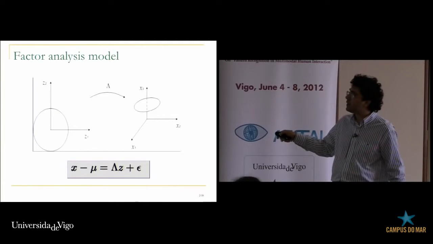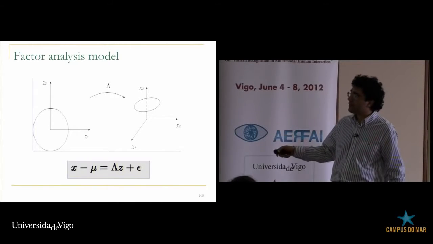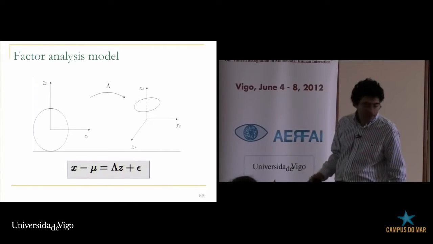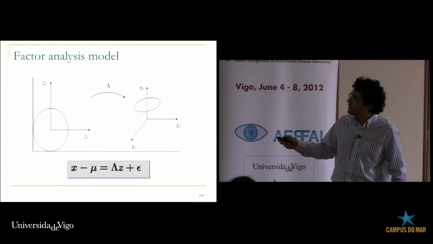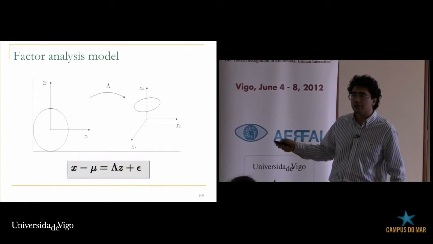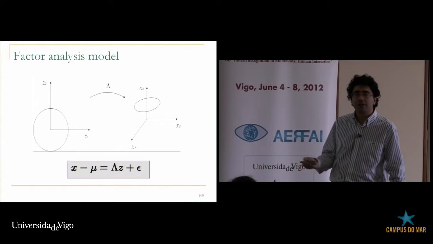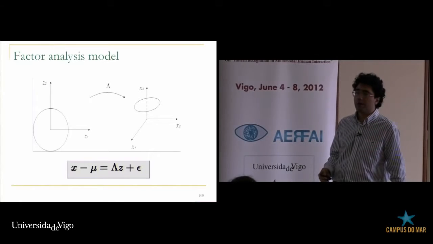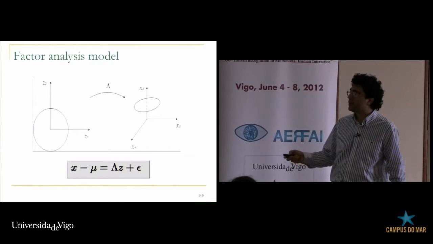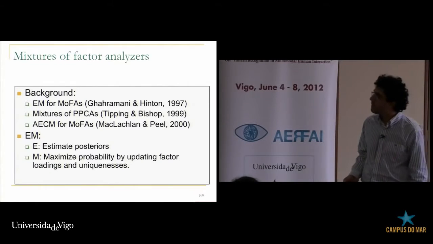I transferred it to this high dimensional space, and then translated it with this mean vector. And then there is some noise. So given this high dimensional space, the factor analysis model tries to recover the factors. As Fernando also said, it's kind of like PCA, but in a probabilistic way. The factors are actually distributions in the low dimensional space.